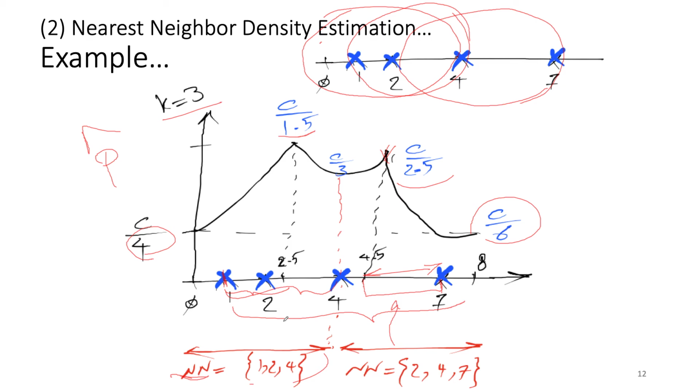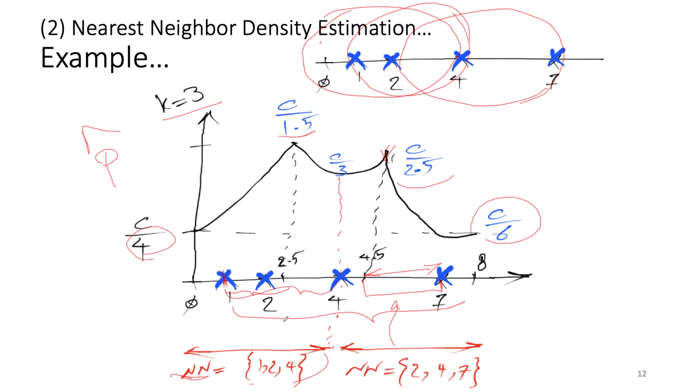Now let's go back to when we have k as 2. So this becomes 3 because we are taking into account 2 closest neighbors. So we're going to have this, this, and this, right?